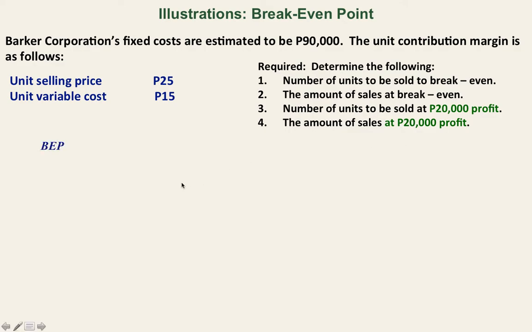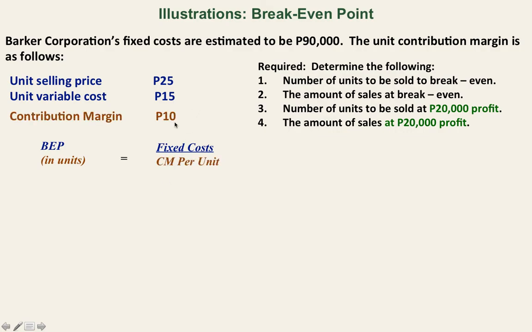So we can use the break-even point formula. It is important that we know the contribution margin per unit, which you can compute: unit selling price minus unit variable cost will give you your contribution margin per unit of 10.